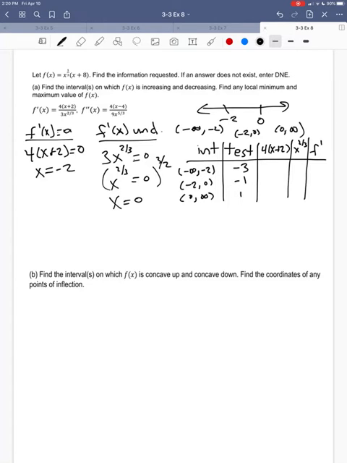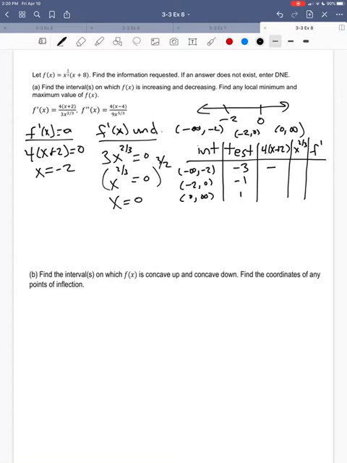When I plug negative 3 into 4 times x plus 2, negative 3 plus 2 is negative, and negative times 4 is negative. Negative 3 to the 2/3 power: remember the 3 in the bottom is the root I would take, and the 2 in the top is the power. So I take the cube root and then square it.